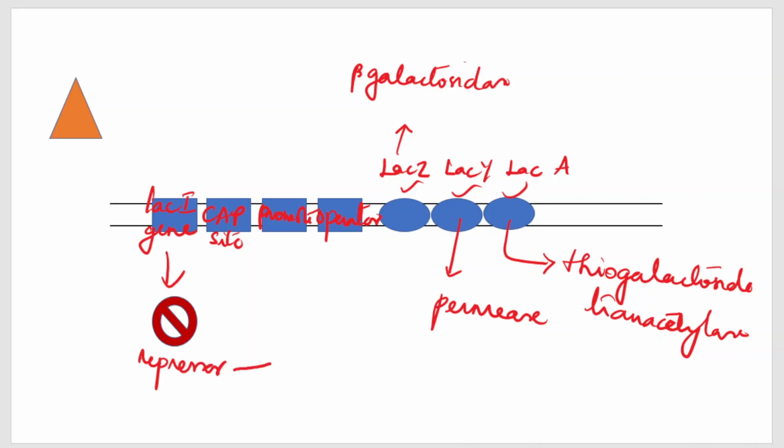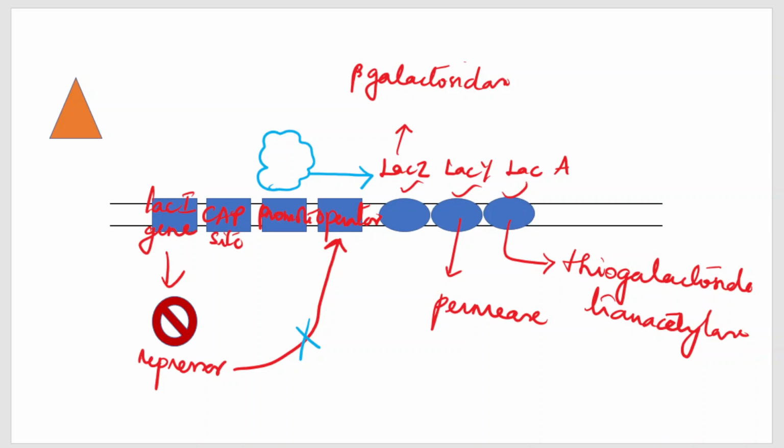This repressor, if it goes and binds to the operator site, what happens? The transcription cannot take place. If the repressor binds to the operator site, then RNA polymerase cannot initiate transcription.